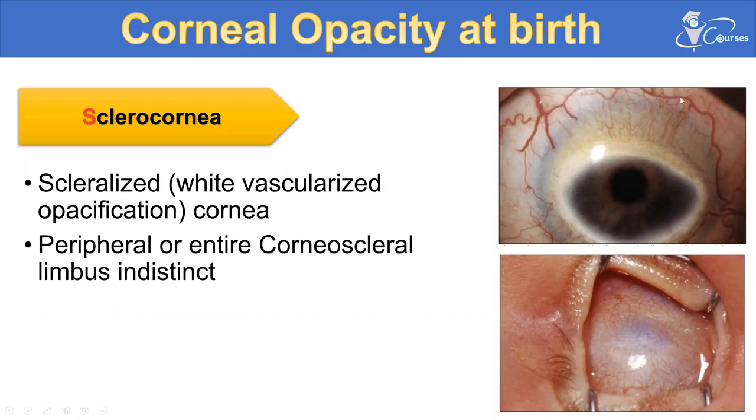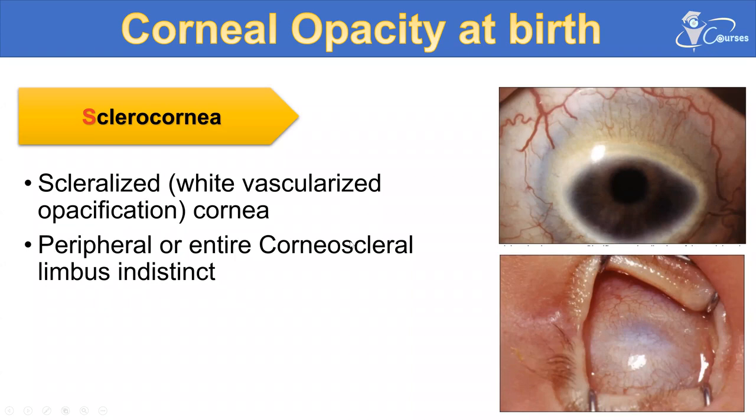You can see that the sclera is encroaching over the limbus and over the cornea, leaving the center of the cornea clear, in which case we call it a peripheral corneosclera or peripheral sclerocornea. Sometimes it can involve the periphery and the center of the cornea, which, as I told you, is more common with the autosomal recessive type.